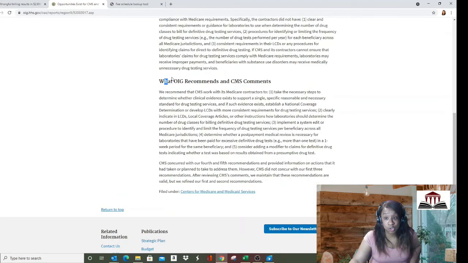They make a few recommendations, and of the 5, the last 2 they concurred with. So I wonder if we're going to end up seeing a new modifier come out to identify the definitive test that's the result of a presumptive test, right? That we did a presumptive first and we needed additional, so we did a definitive test, which makes a lot of sense for those of us that are reporting those lab services.